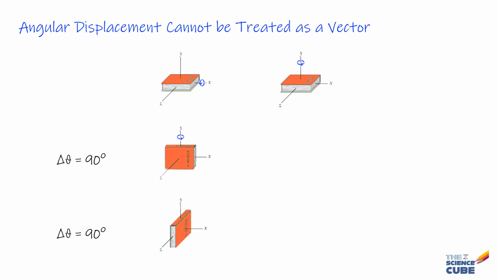That is, the first one is this and the second one is this. Now you see the two angular displacements are identical in both cases, that is 90 degrees, but the order is not. And what happens is, when you compare the final states, the book ends up having a different orientation depending on the way you flipped it. That is, angular displacement does not follow the commutative property of vector addition.